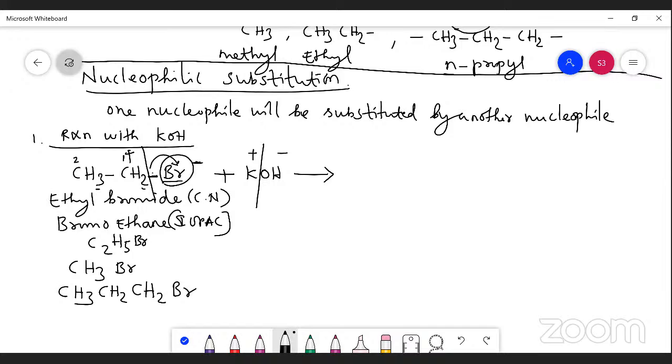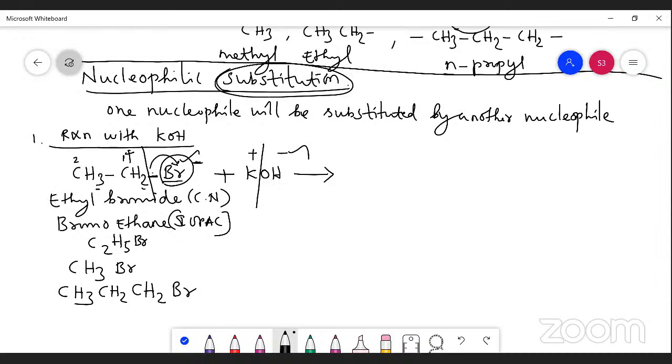So Br minus, the bromide ion, is one nucleophile, and OH minus, the hydroxide ion, is also a nucleophile. Both are nucleophiles with the same strength. But our topic is substitution.